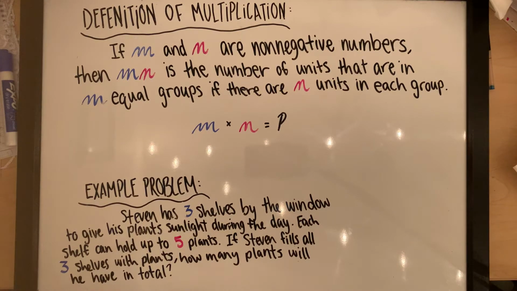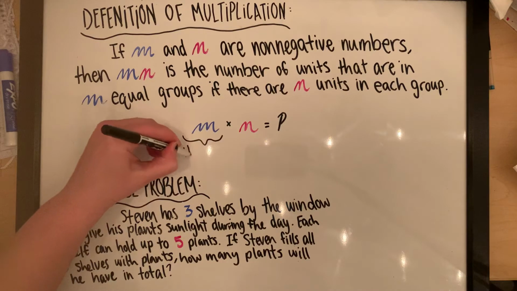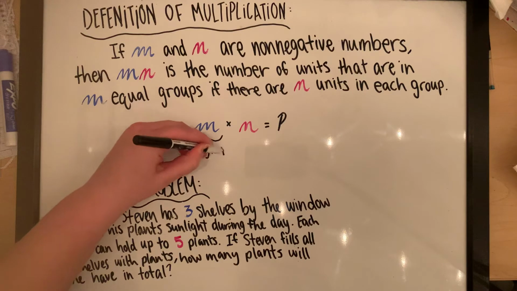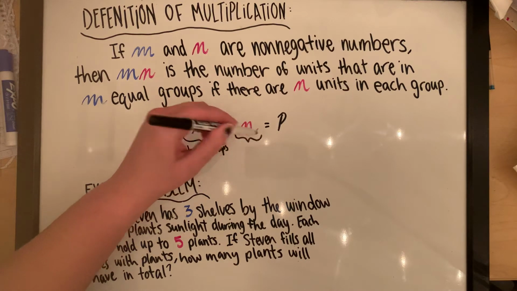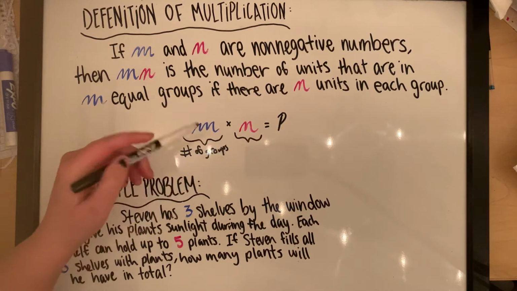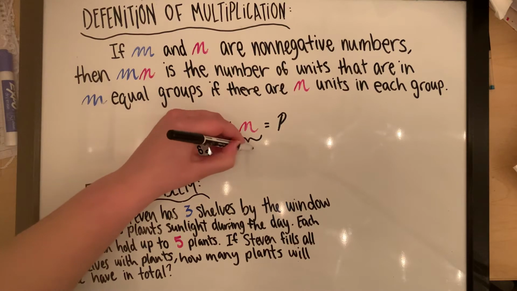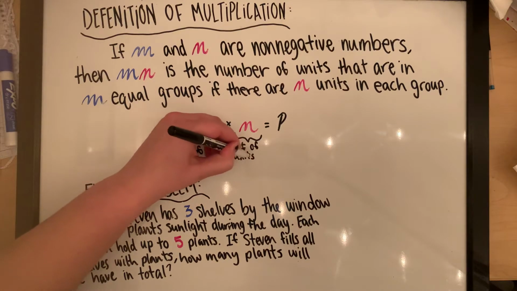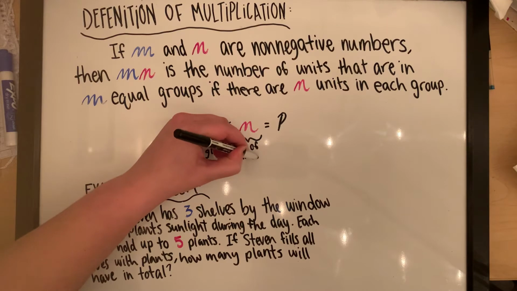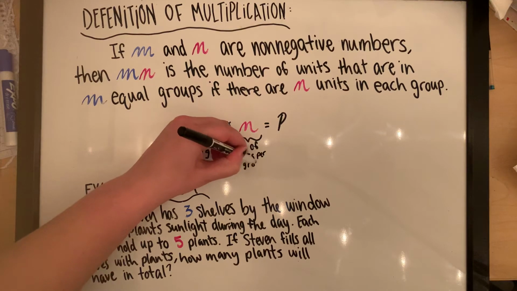So in this equation, m is our number of groups, n is going to be our number of units in one group, number of units per one group.